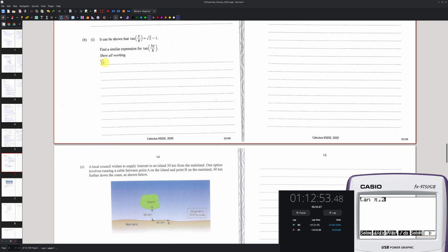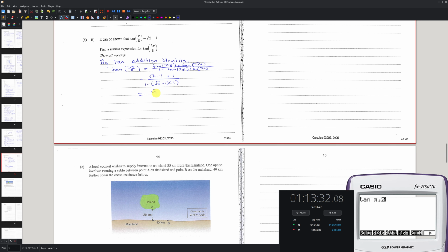Okay, so by tan addition identity, tan of 3 pi on 8 is just tan of pi on 8 plus tan of pi on 4 over 1 minus tan pi on 8 tan pi on 4, right? And then this is just root 2 minus 1 plus 1 over 1 minus root 2 minus 1 times 1. Wait.